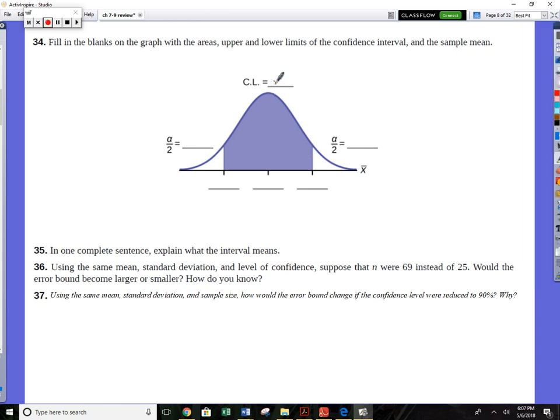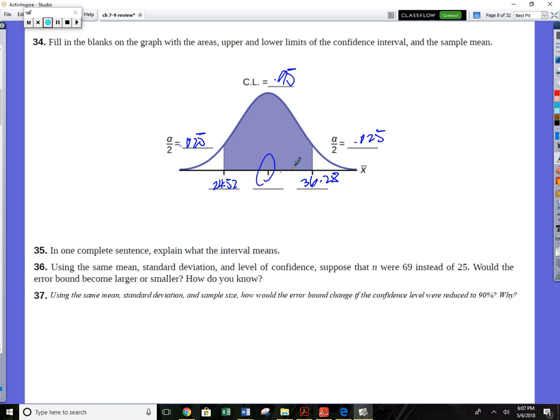Okay, so this is referring to the same stuff. So fill in the graphs of the confidence level. We are at 95%. The tails, 0.025 here, 0.025 here. Where were we? The left, this was 24.52, and this is 36.28.